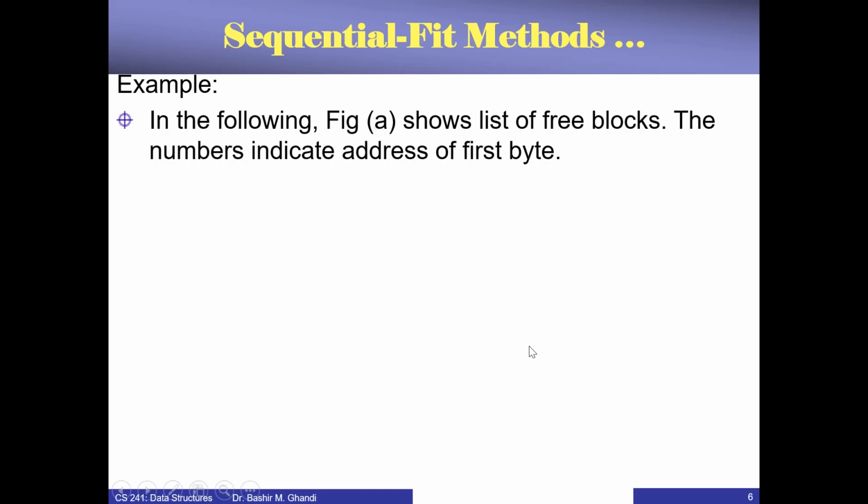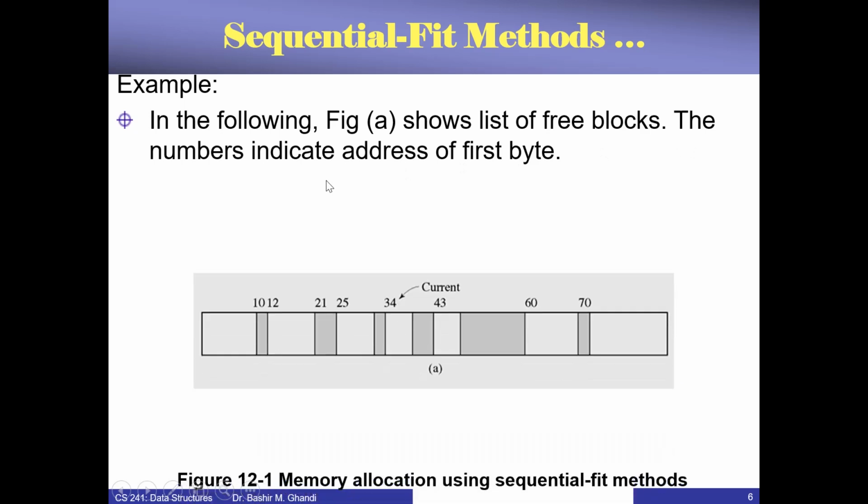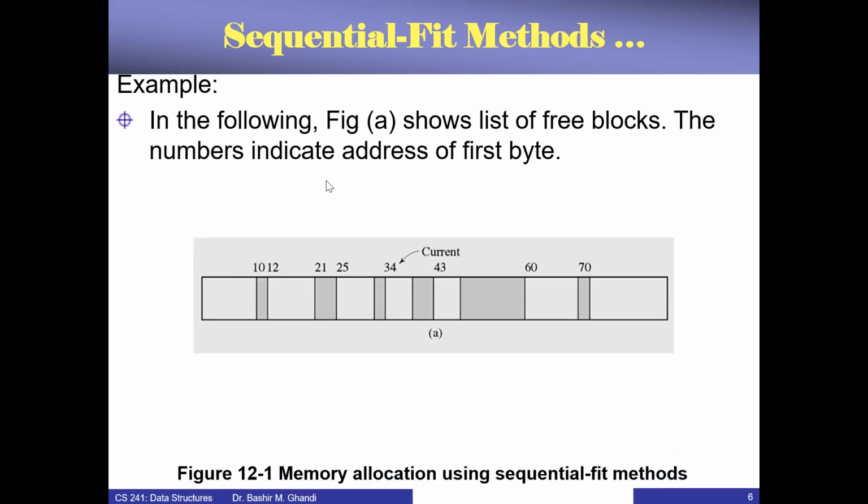Example. In the following, figure A shows a list of free blocks where the numbers indicate the addresses of the first byte. This is the figure, directly from the book, figure 12.1.